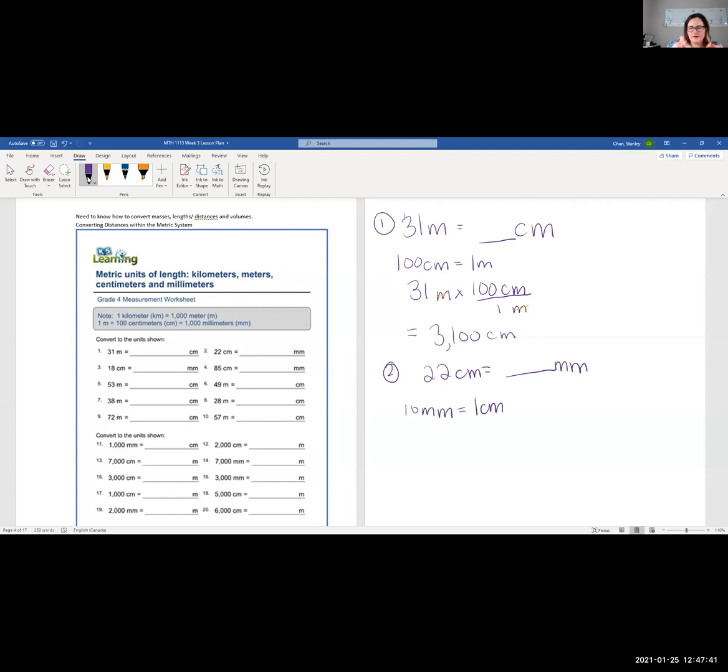I know that intuitively, but I could also bring out a ruler and just count them and say, okay, in 1 centimeter, I have 1, 2, 3, 4, 5, 6, 7, 8, 9, 10 millimeters. And then I can set it up like this. 22 centimeters and then multiply by 10 millimeters over 1 centimeter.